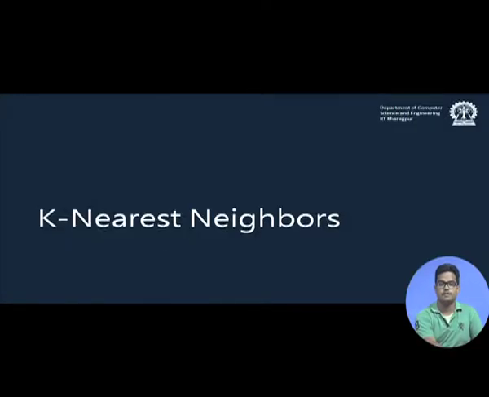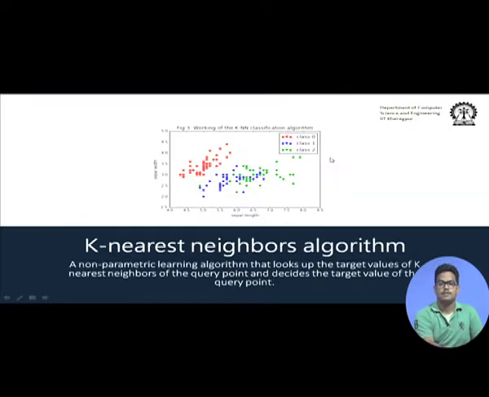The first topic for today is the K nearest neighbor classifier. The K nearest neighbor algorithm is a non-parametric machine learning algorithm, and it maintains a database of the training samples. Every time a query is made to this algorithm, it looks up the database and finds the K, which is specified by the user, nearest neighbors of the query point from the database.